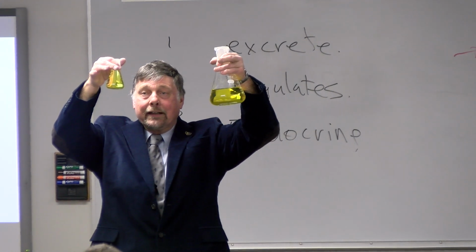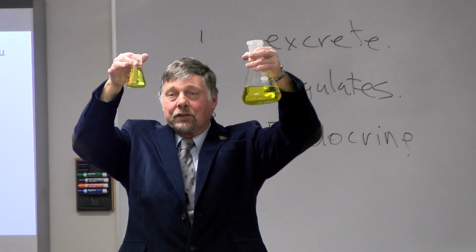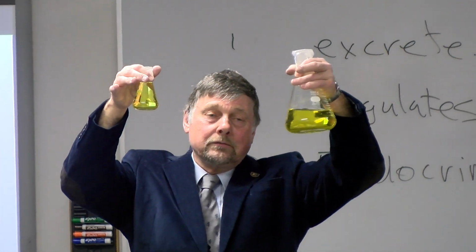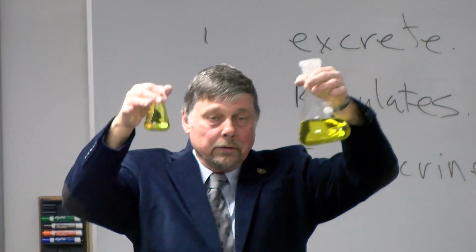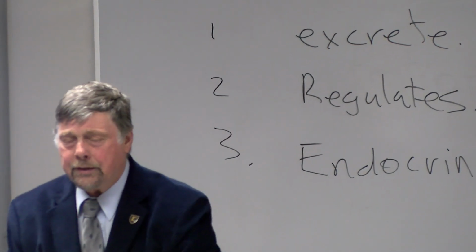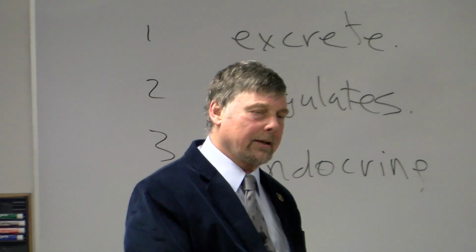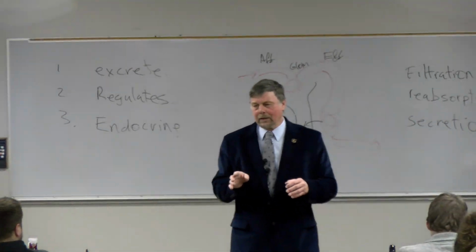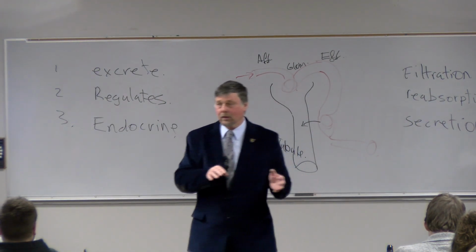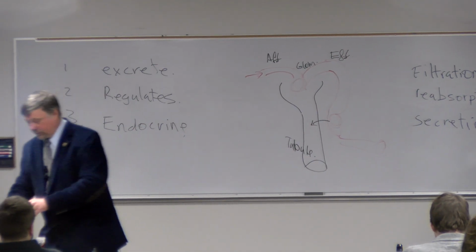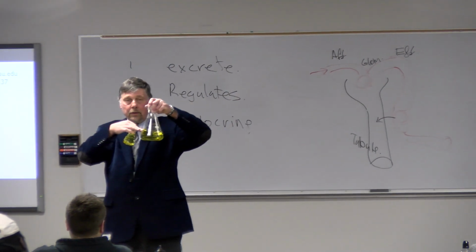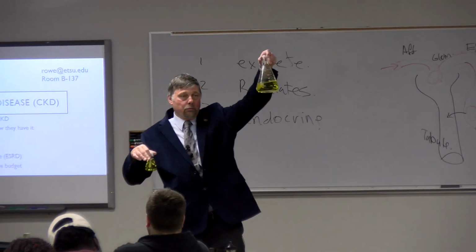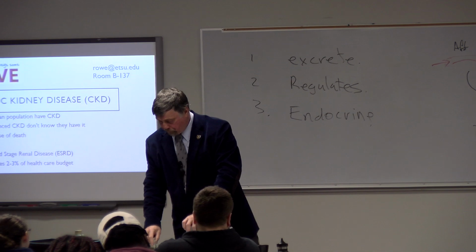So in other words, it's the amount of filtrate as a fraction of the amount of plasma that went through. So that's the filtration fraction. The reason I want to define this now is later on we'll talk about fractional excretion of sodium and the like, and I don't want you to get confused with terms. Filtration fraction is just the amount that's filtered as a fraction of what was presented to the kidney. Okay?